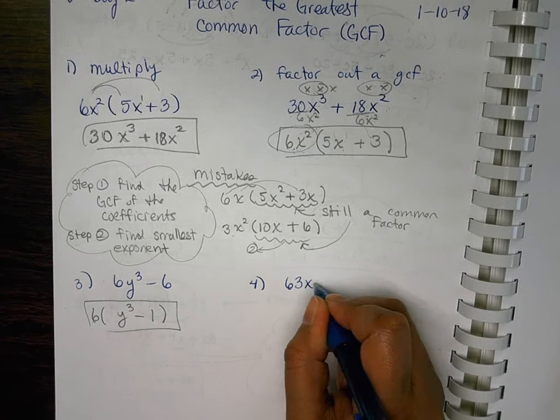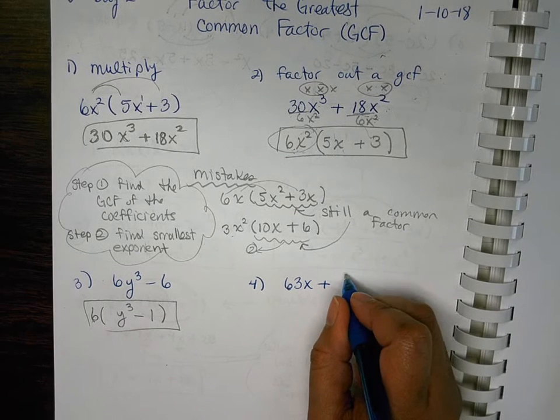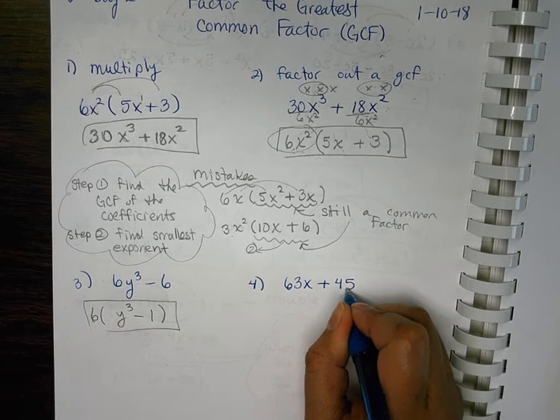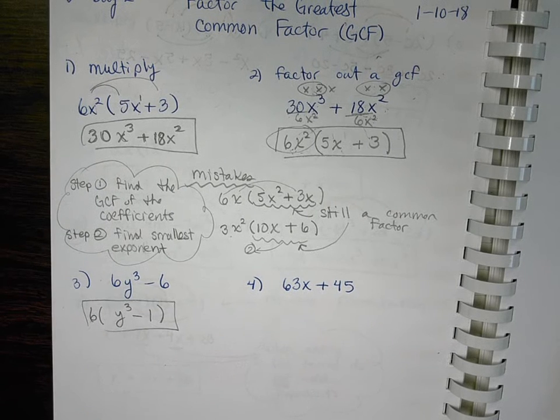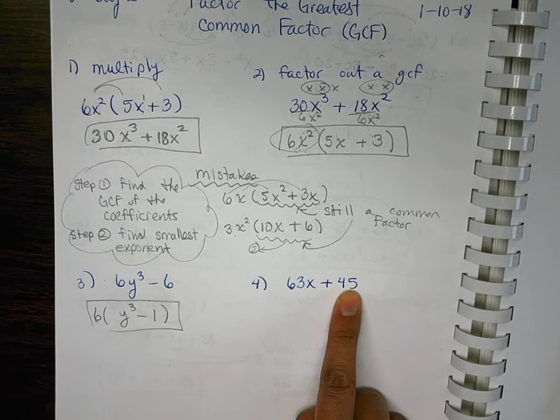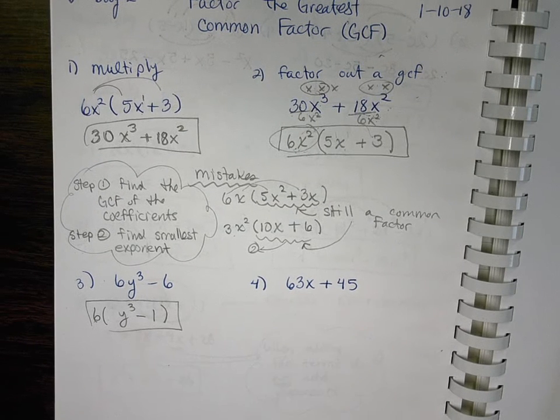63x plus 45. Will there be an x coming out on this one? Will x be part of our GCF on this one? Why not? Because 45 does not have an x. All right, 63, 45, what goes into both 63 and 45? 9.